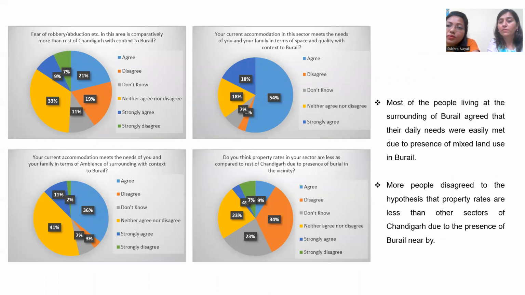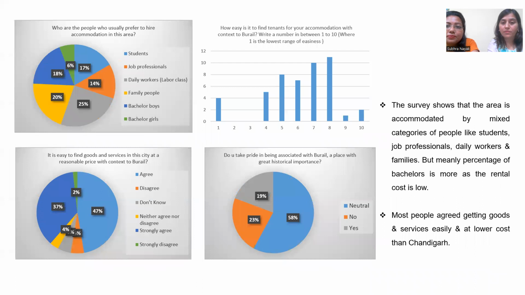Again, most of the people living at the surrounding of Burail agree that their daily needs were easily met due to presence of mixed land use in Burail. Most people disagreed to the hypothesis that property rates are less than other sectors of Chandigarh due to the presence of Burail nearby.